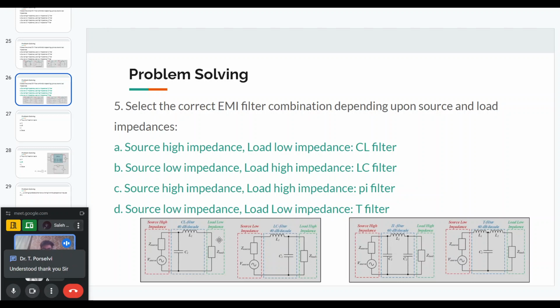This is a situation where the impedance of the source and load is different, so we will have a filter with two components, L and C. But if we have the same impedance of the source and load, for example both are high, then ideally we have to use a filter with three components, like an LCL or a CLC. And then again we have to choose that based on the impedance of source and load.